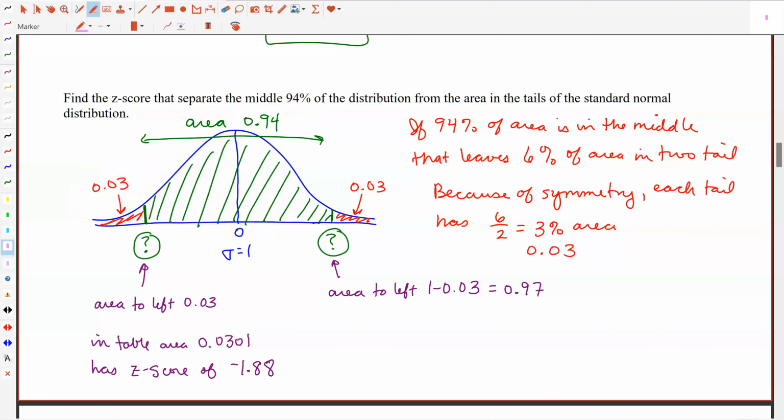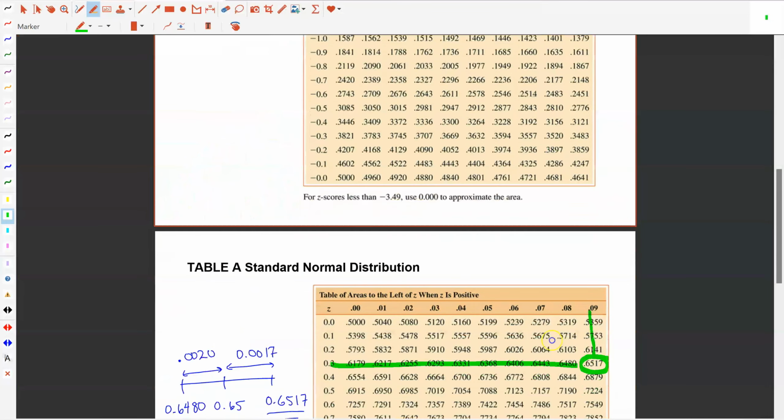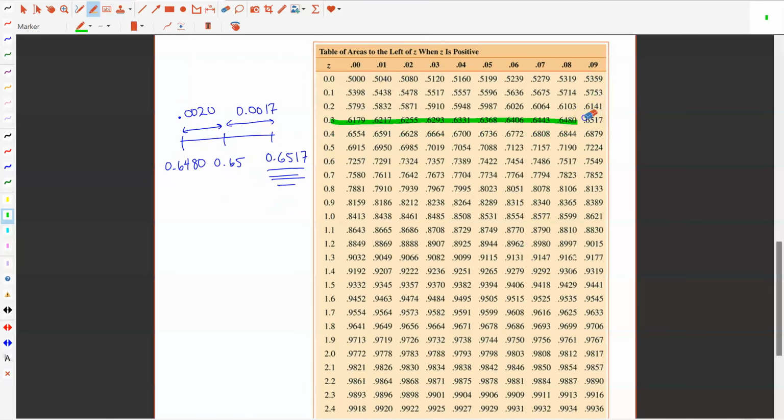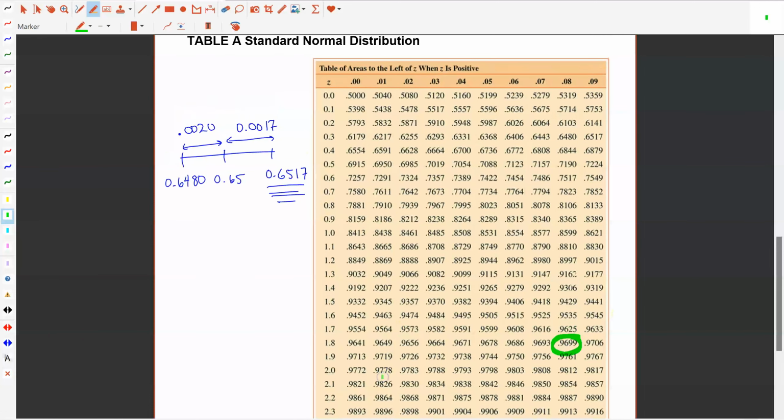In any case, once I know my area, which would be the 0.97, we would expect it to be a positive z-score because it's to the right of 0. Go to the table. Looking at the positive values, 0.97, trying to find the value that's closest to it. This one right here is 0.9699. Yep, that's really close to 0.97.